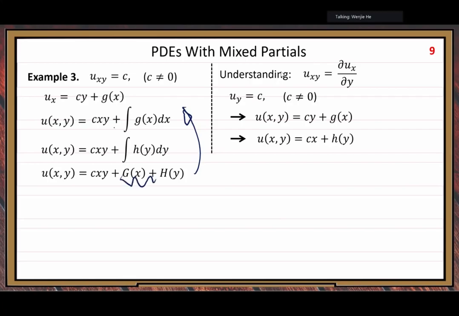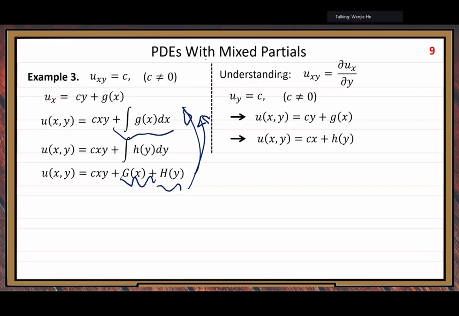Capital G of X covers this term, no problem. But for capital H, there is a hidden constant. So capital H in the first version corresponds to some hidden constant.